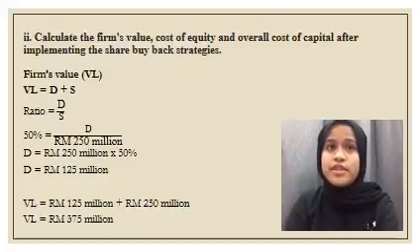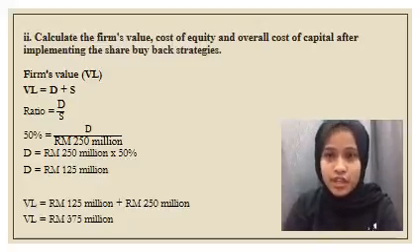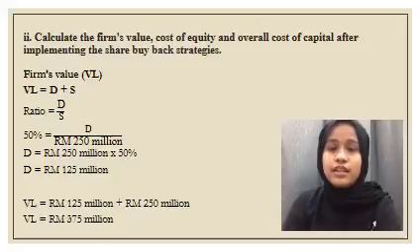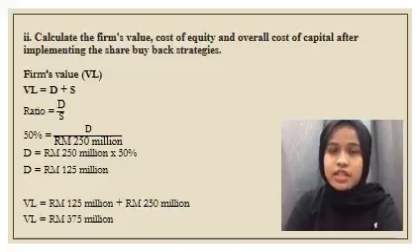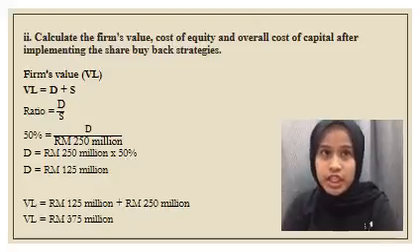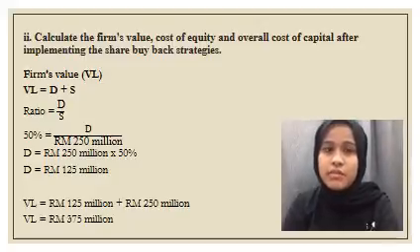Next, calculate the firm value, cost of equity and overall cost of capital after implementing the share buyback strategies. First we need to find the firm's value. VL equal to D plus S, where the ratio is D over S. The ratio is 50%, given in the question, equal to D divided by 250 million.